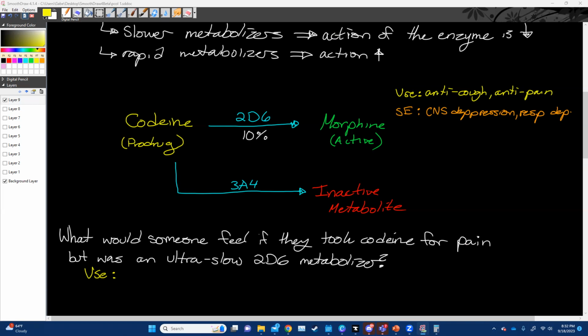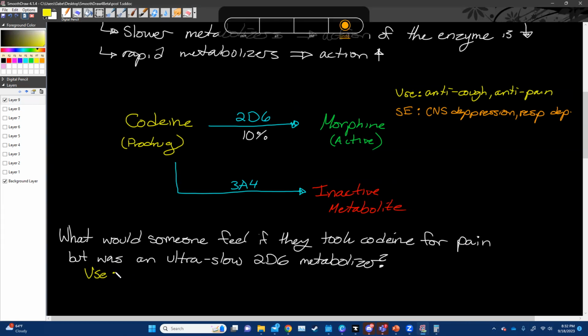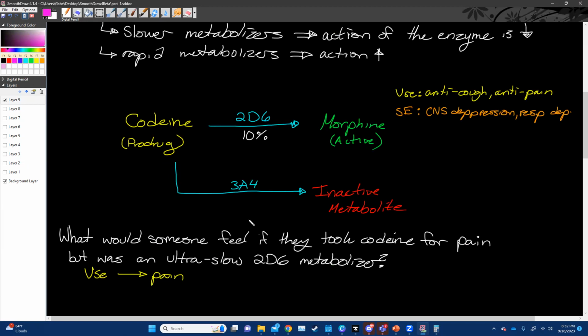More pain? I'd say that they would be in pain. So we're using this for pain, right? This is the use. But if we are an ultra slow metabolizer, are we going to have more morphine conversion or less morphine conversion?